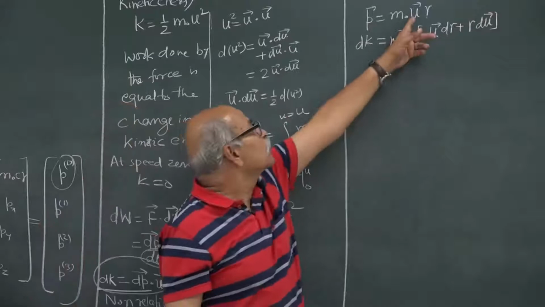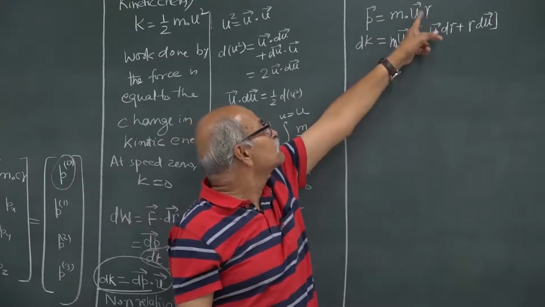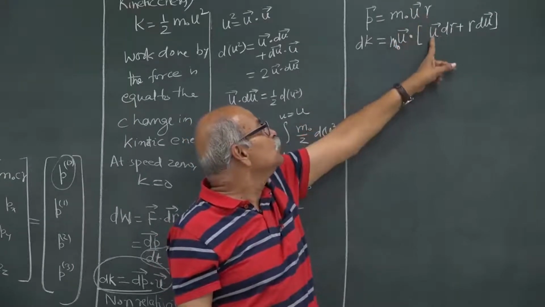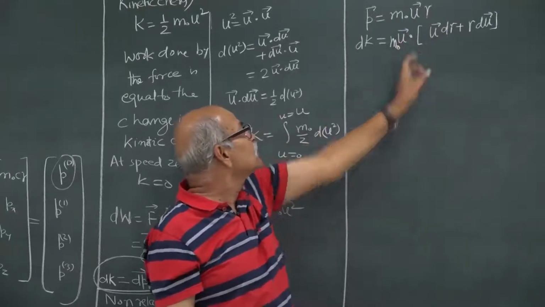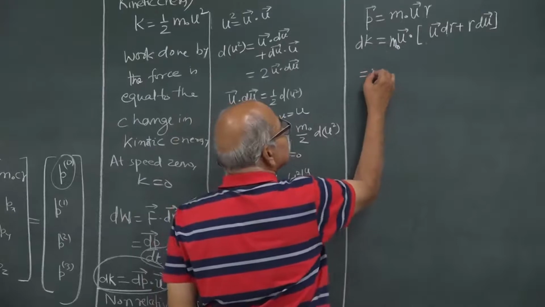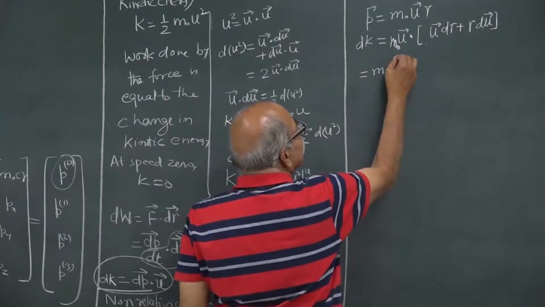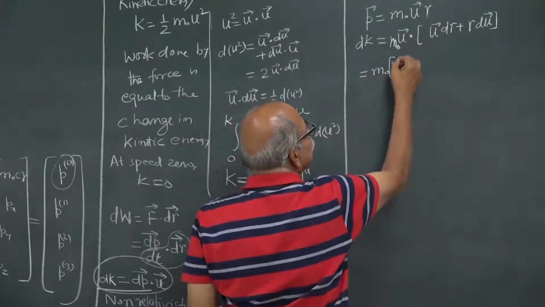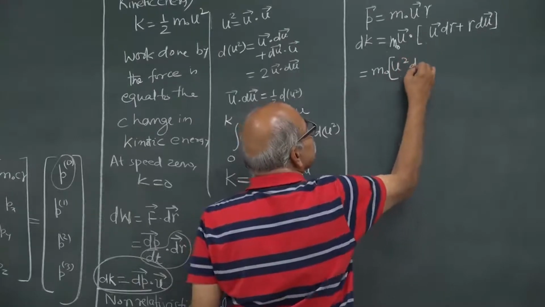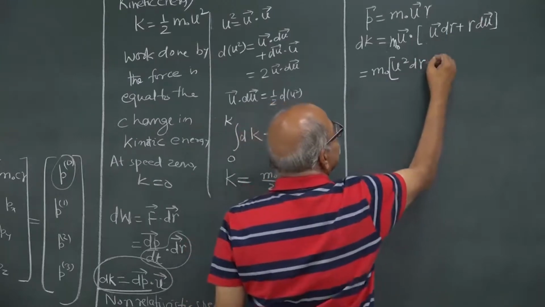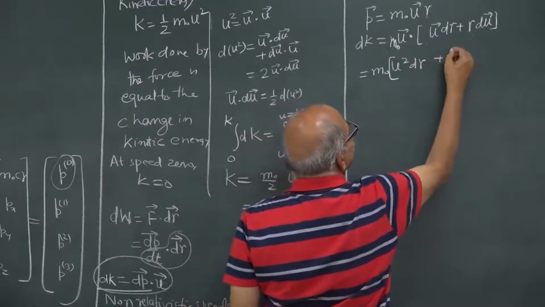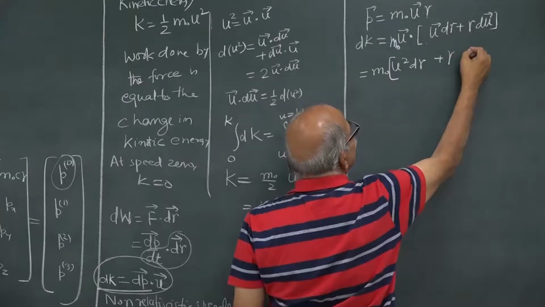This is a product of the two functions, both are functions of u. So, u d gamma plus gamma du, and then u dot is here. So, this is equal to m naught, and then u dot u, which is u square d gamma, plus this gamma here and u dot du here.